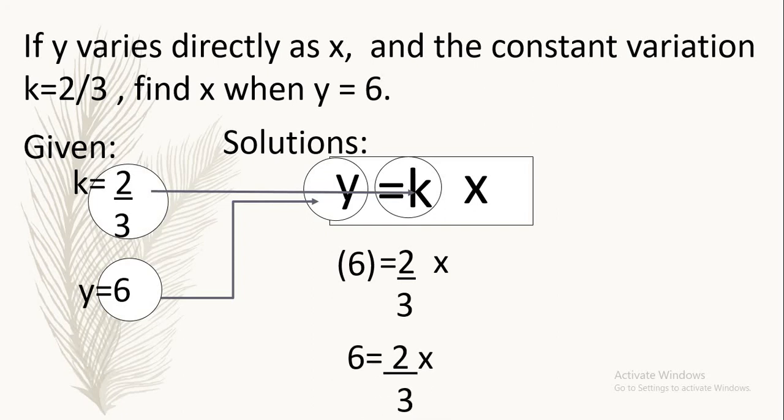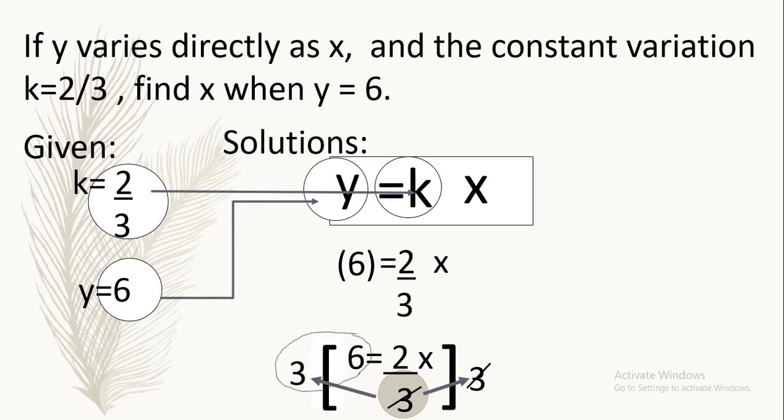Okay, so this time, the next step, you notice the denominator, which is 3. Okay, we multiply both sides by 3. So these two, dun sa kabilang side, will automatically cancel.